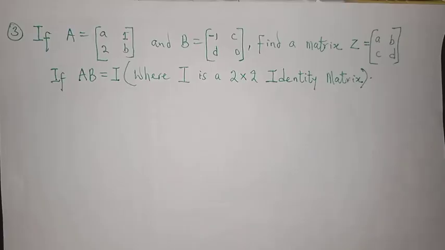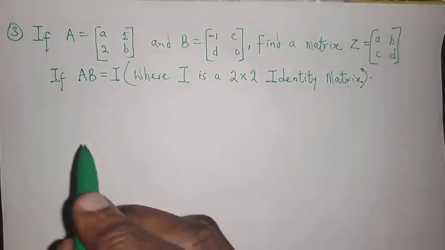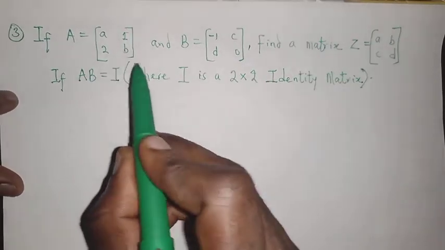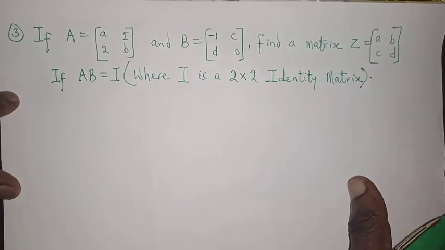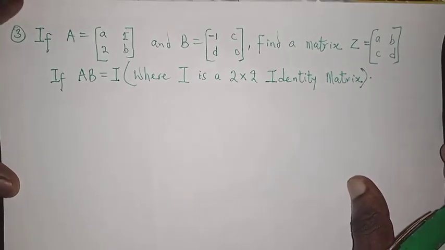And finally, we have to solve this. It says if A equals this and B this, find a matrix Z that gives us that.